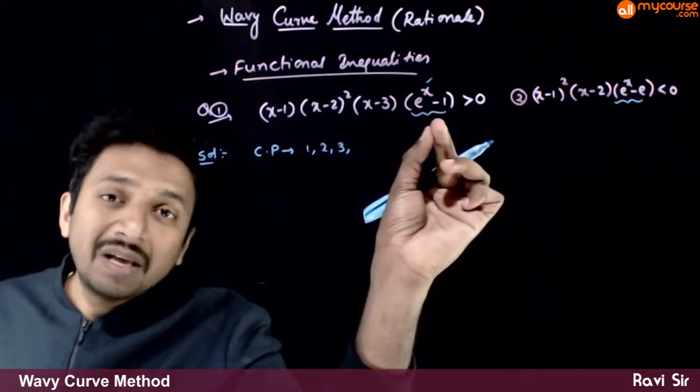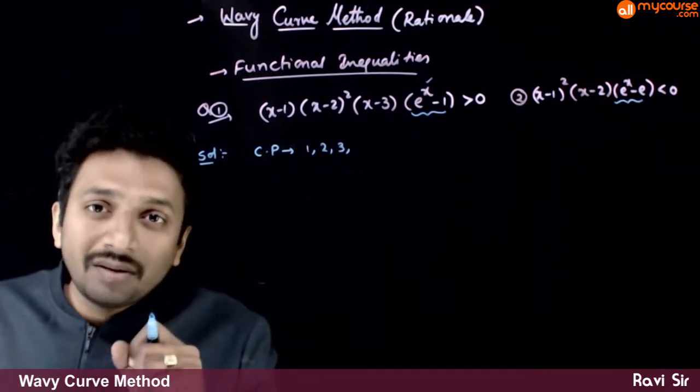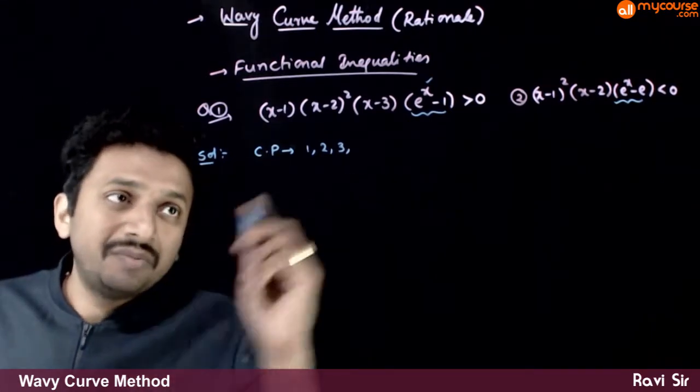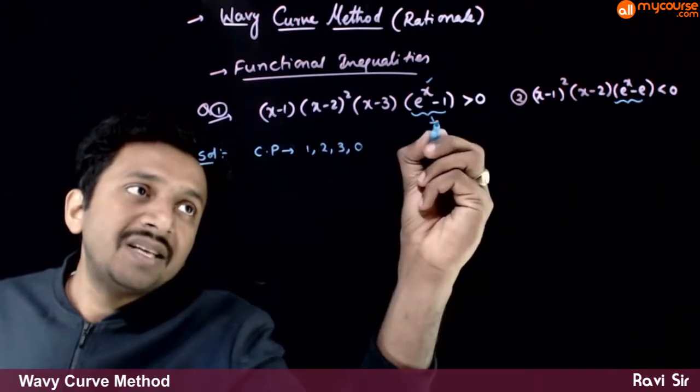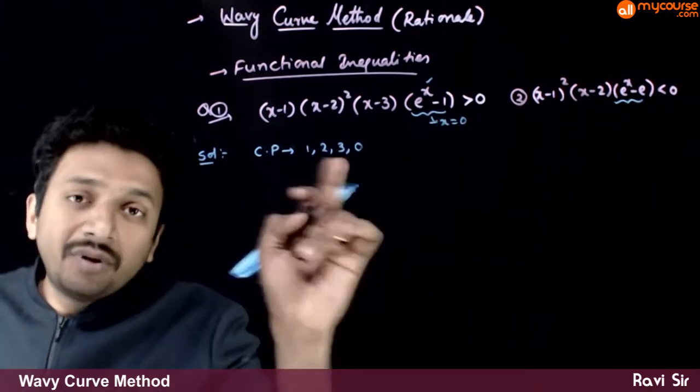That is, e power x minus 1 has to be equal to 0. That is, e power x is equal to 1. That is, x is equal to 0. So for this, x is equal to 0 is a critical point. Now you have 4 critical points.